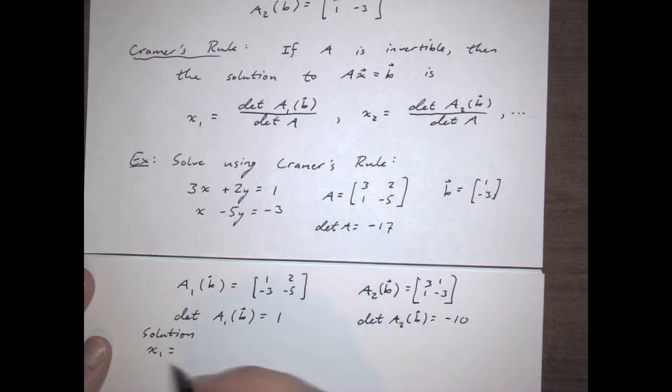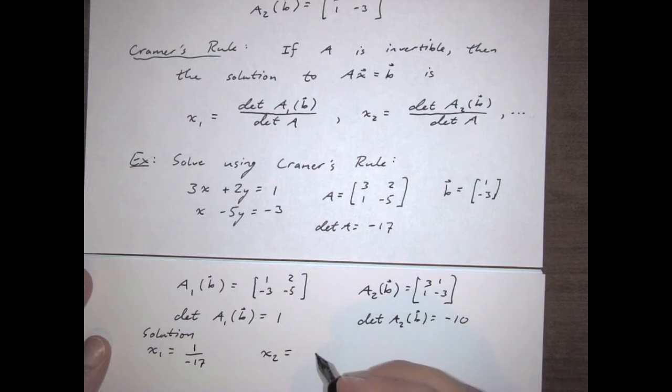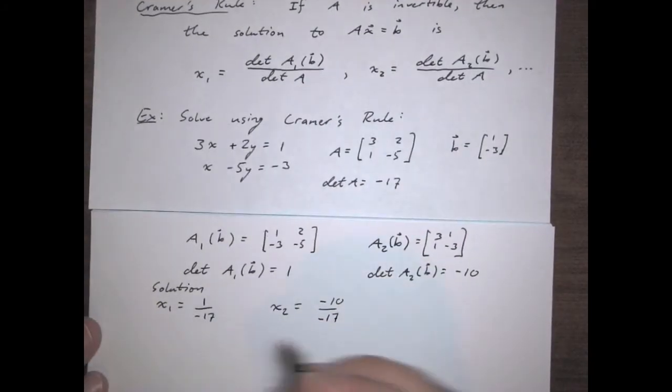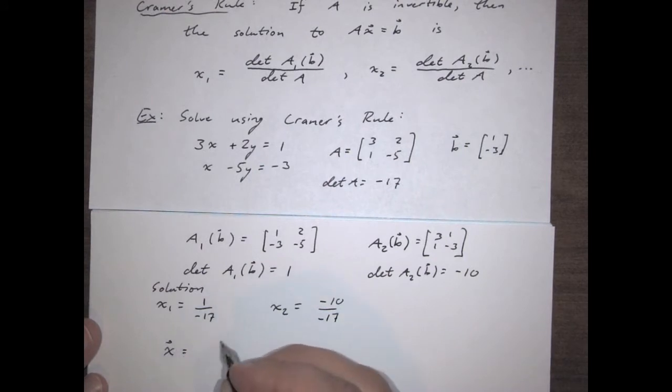x1 is equal to 1 over negative 17. And x2 is equal to negative 10 over negative 17. So in other words, x is equal to negative 1/17 and 10/17.